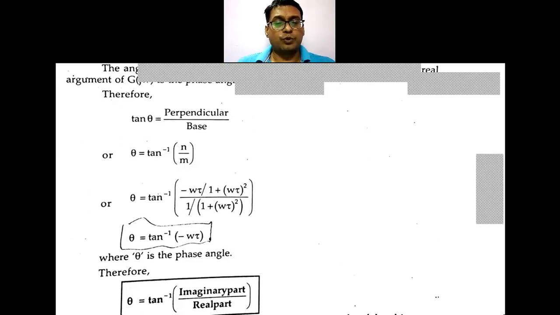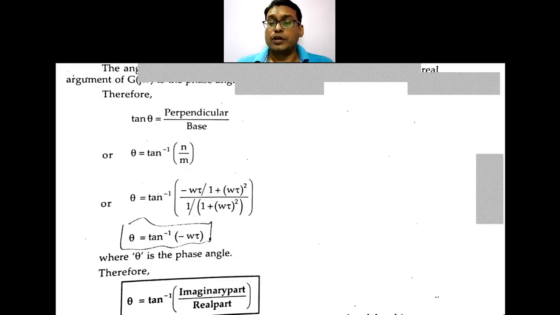The same procedure we will now follow for the second order system, for the proportional controller, for the proportional integral controller, for the proportional derivative controller, for the proportional derivative and integral controller, and for transportation lag problems. In the first part, we'll only see how the imaginary part and real part are obtained, and then we will move next to the Bode diagram plotting.